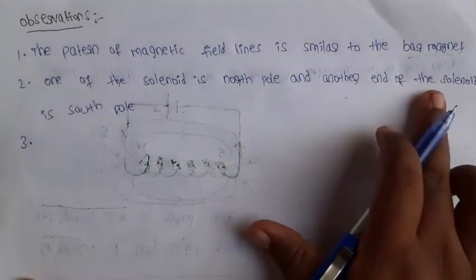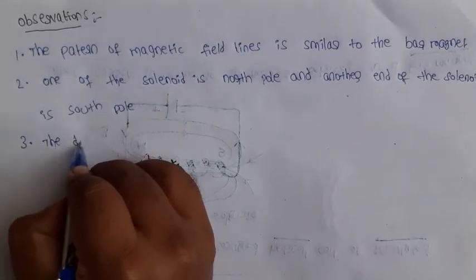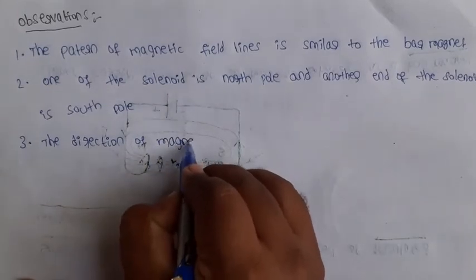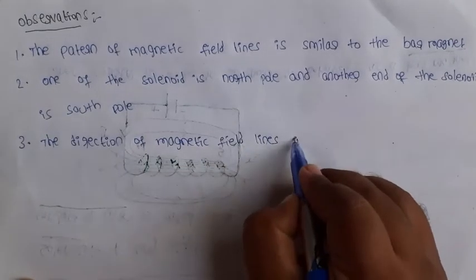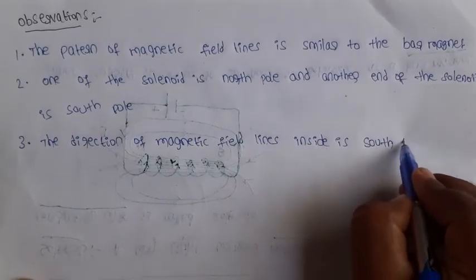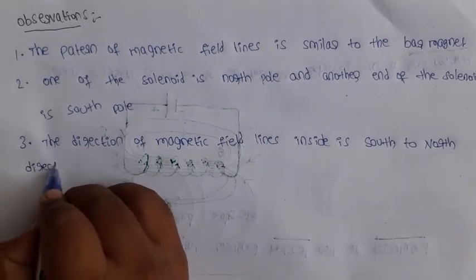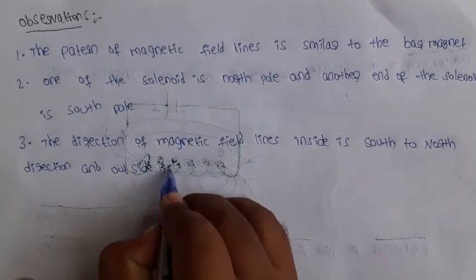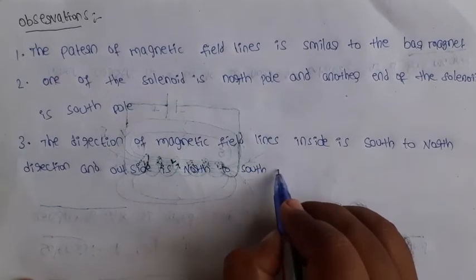What is the direction of the magnetic field lines in a solenoid? The direction of the magnetic field lines inside is south to north direction and outside is north to south direction.